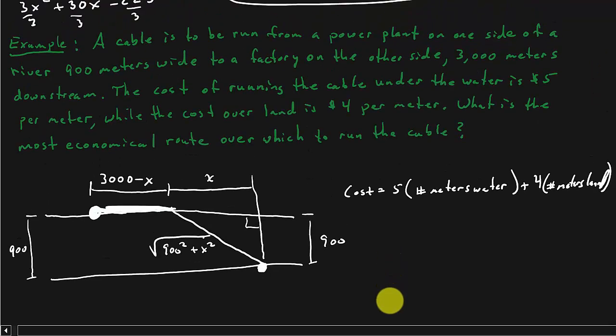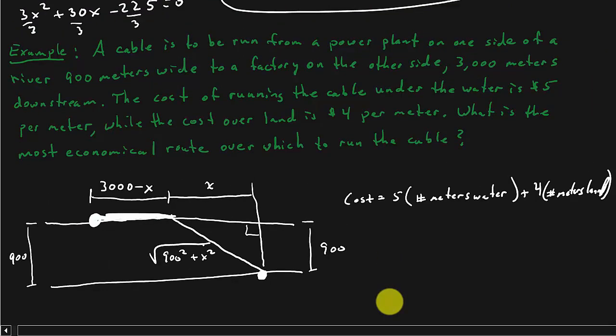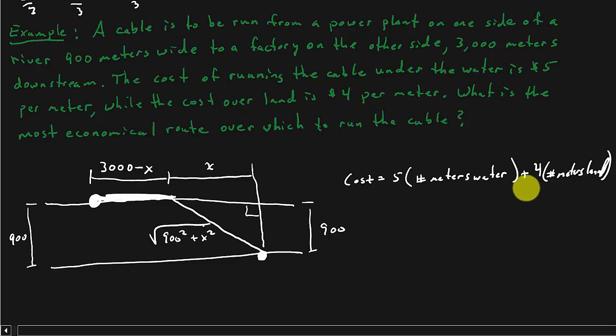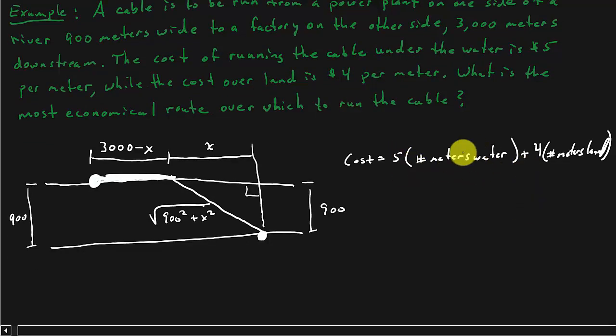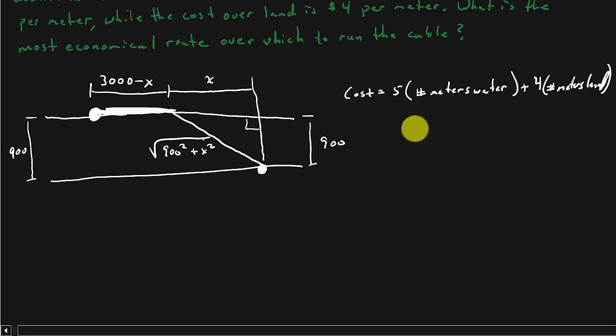Because it's $5 per meter under the water, and it costs $4 per meter over land. So it's 5 times the number of meters running under the water plus 4 times the number of meters it's running on land.